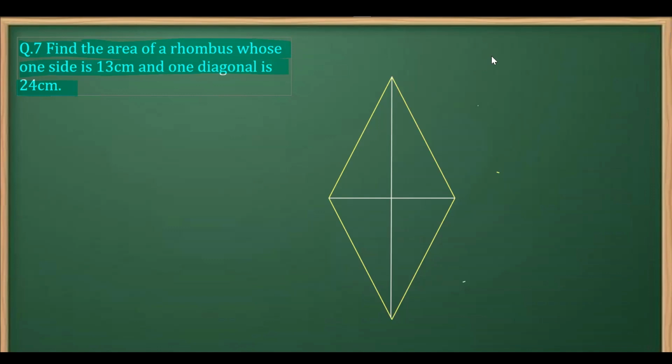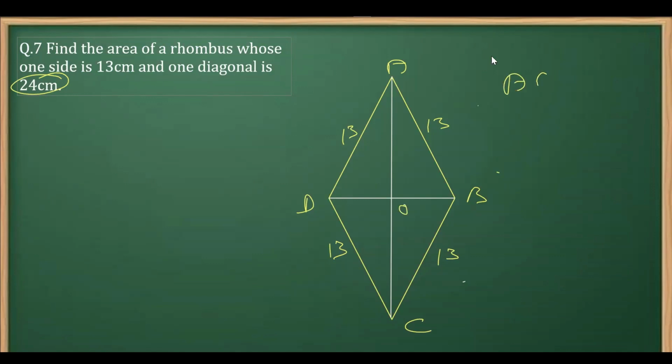If I see, the length of each side is given as 13. As you know, in a rhombus all sides are equal. So if one side is 13 centimeter, then all sides have to be 13 only. Now we know the length of one of the diagonals as 24 centimeter. So if I name it A, B, C, D, and I take any of its diagonals, say AC, as 24 centimeter.